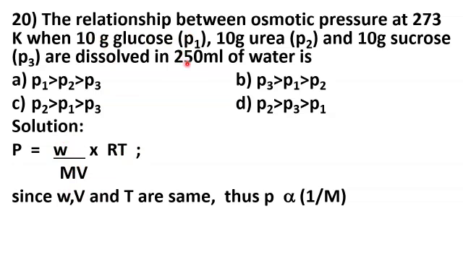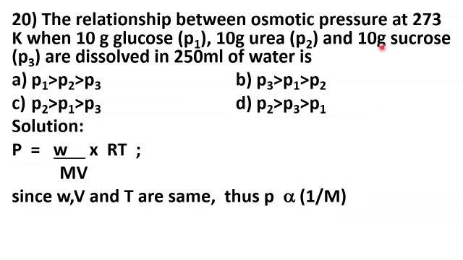Volume is also the same, that is 250 ml, and temperature will be the same for all the solutions. Therefore we can say pressure is directly proportional to 1 by m. So that is to say pressure is inversely proportional to molar weight of the solute here. So the solute which has lower molar weight will have greater pressure.